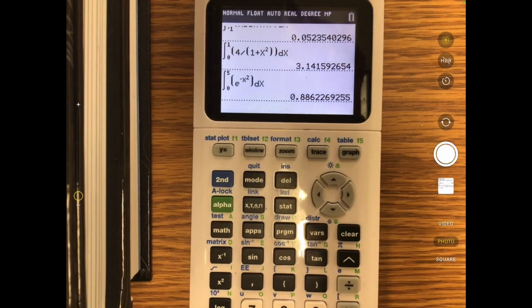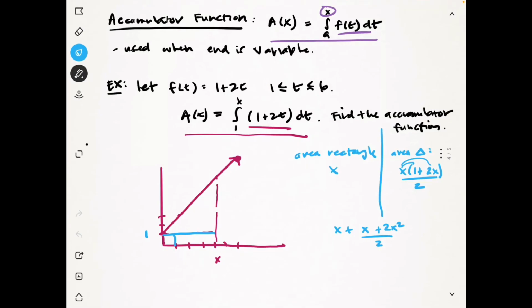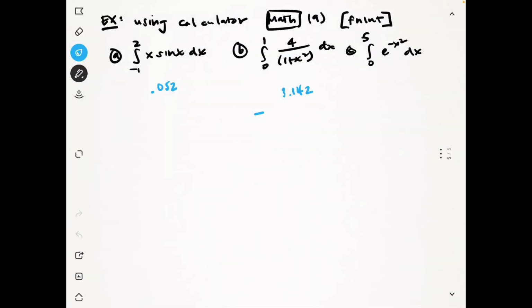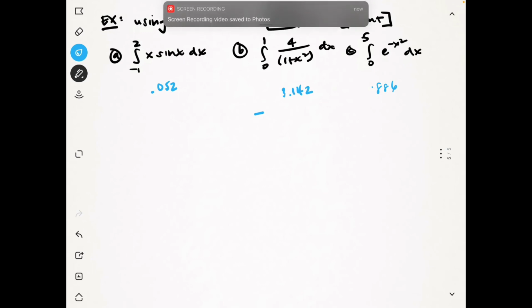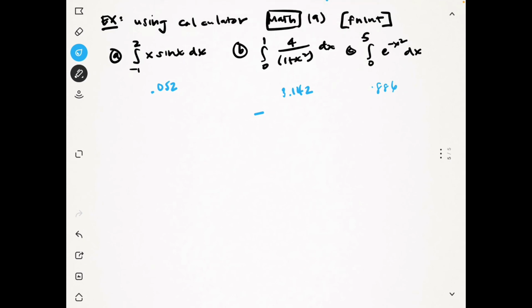So that one's going to be 0.886. Okay, and that's it. So yeah, ending with the easy thing, just making sure you understand how to use your fnInt on your calculator. All right, good job.